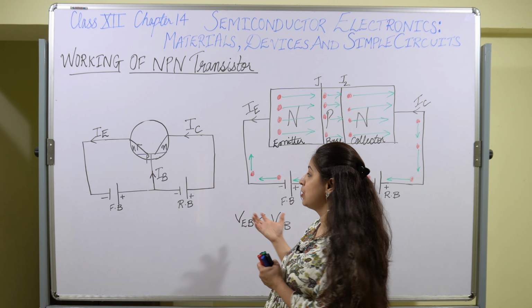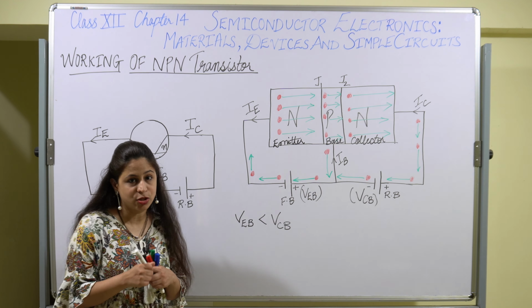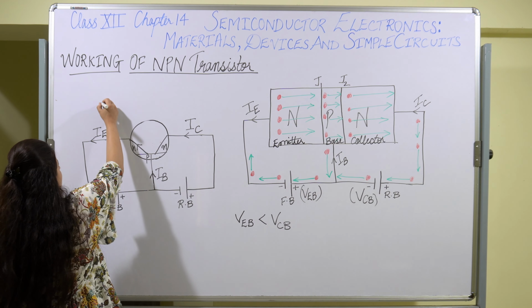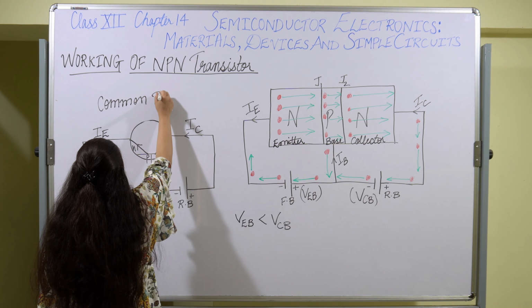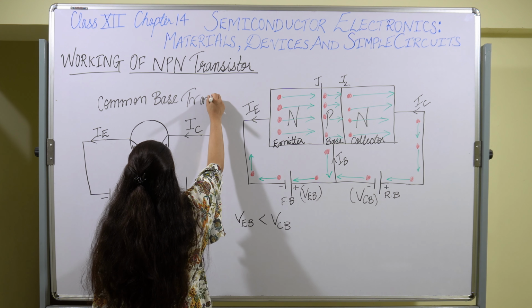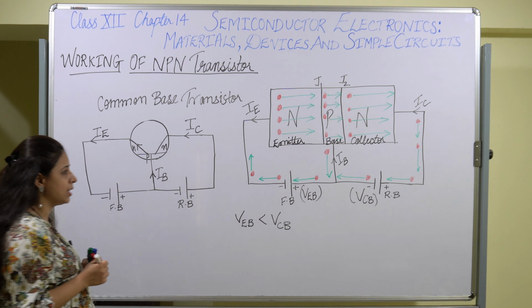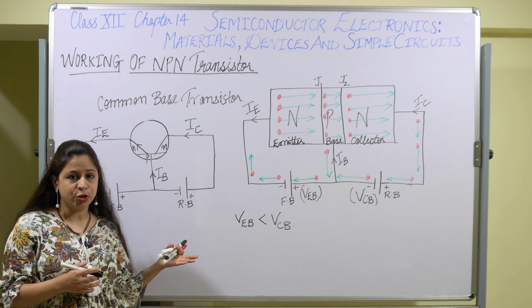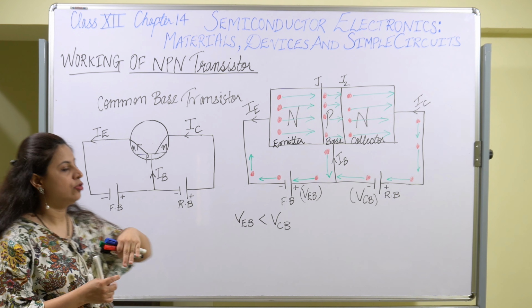So here also I have taken the configuration as common base transistor. Okay, you can take any of the other configurations of the transistor also in order to explain the working of the NPN transistor.